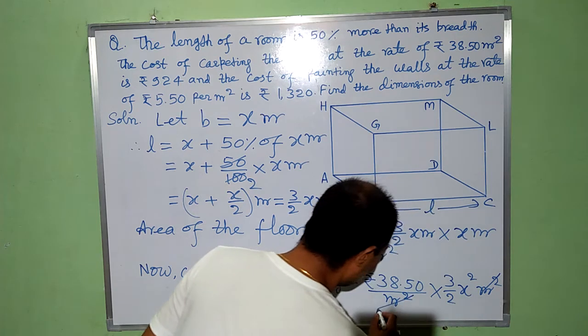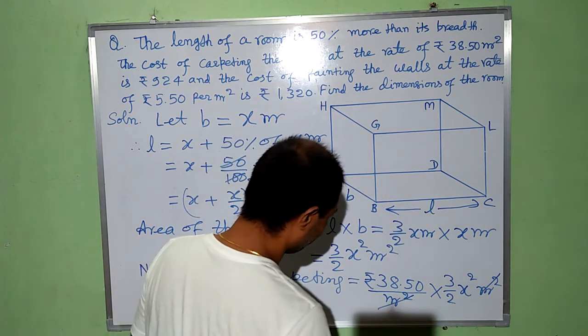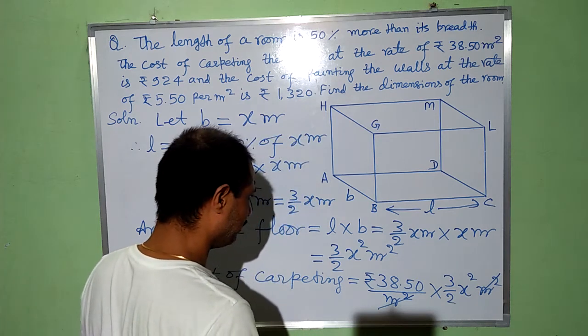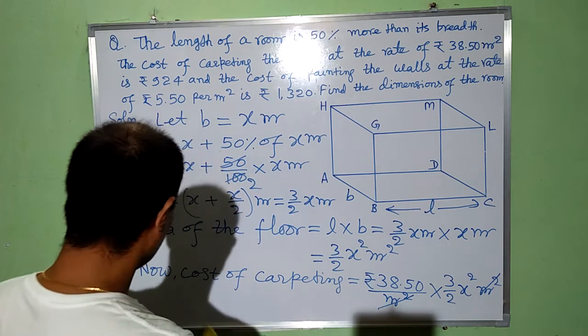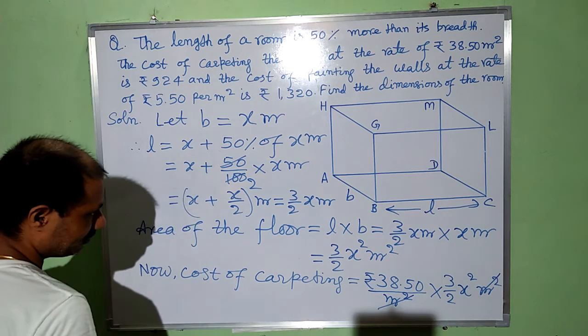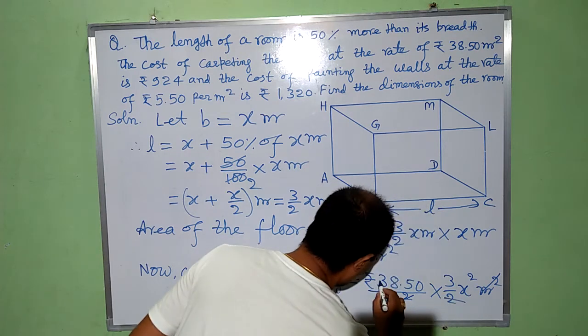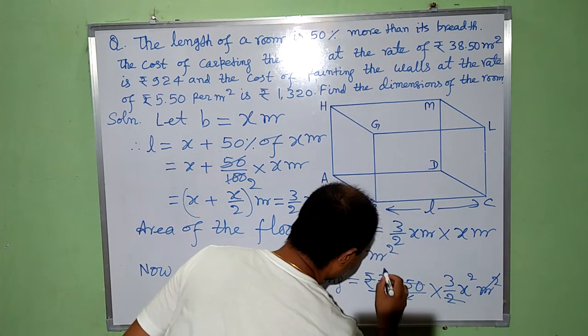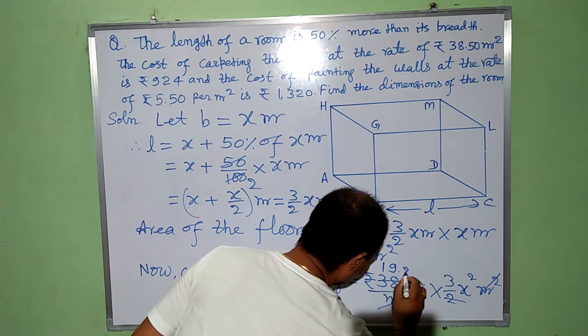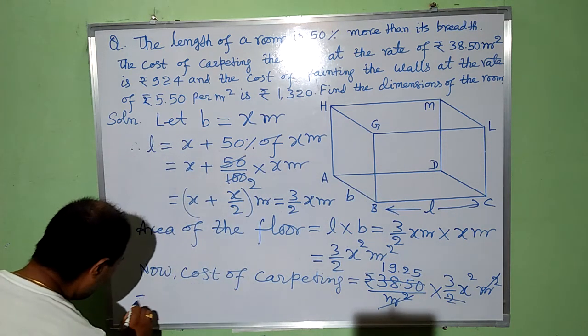This part will be cancelled. Cost, this part is given. We can cancel it like this. This part is already given.